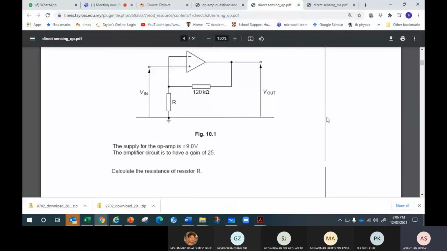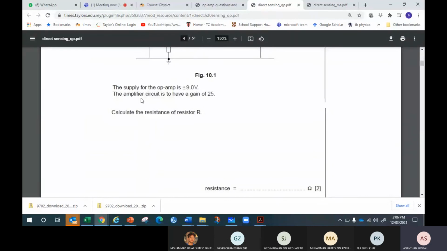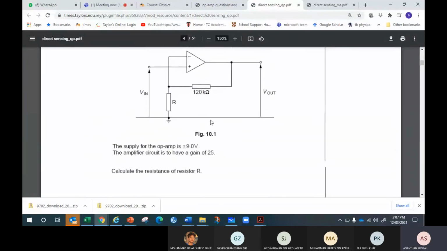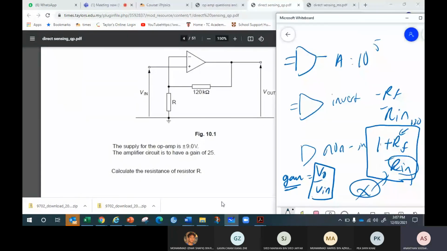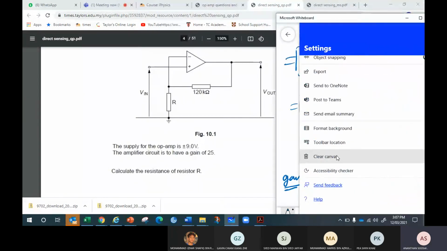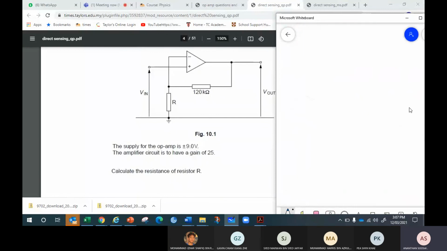Now the supply was positive and negative 9 volt. They already said the gain of the amplifier is 25. So calculate the resistance of R. If gain is 25, 1 plus RF over Rin is 25.